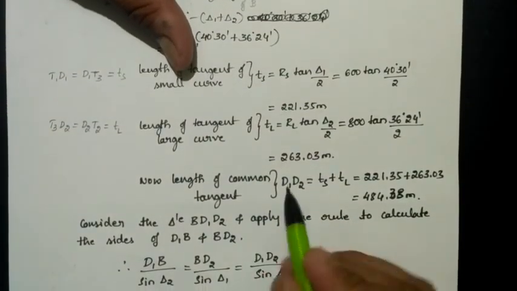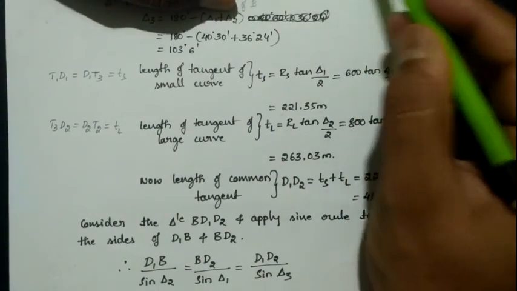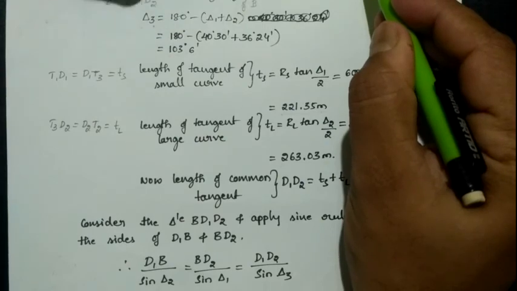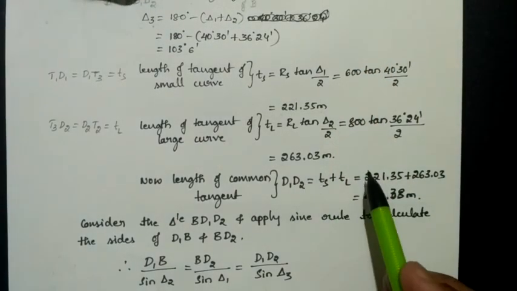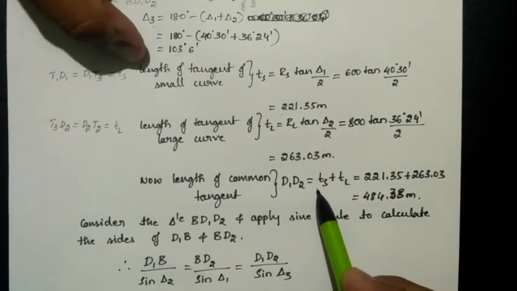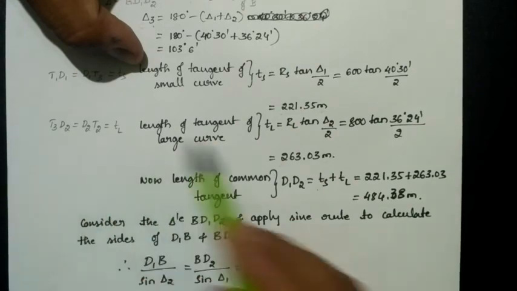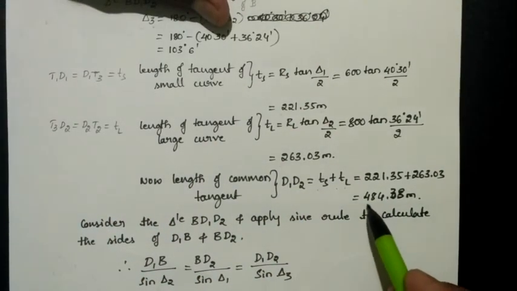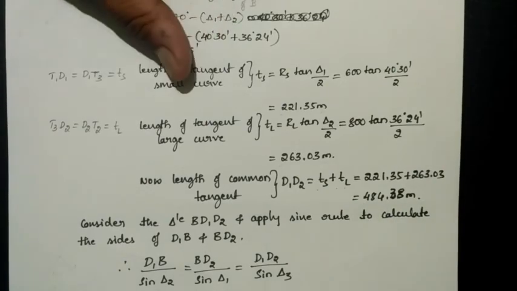Next, the common tangent length D1D2. As I have told, it is consisting of two parts. It is from D1T3 and T3D2. D1T3 is equal to ts and T3D2 is equal to tl. By taking these two values, the length of common tangent is 484.38 meters.